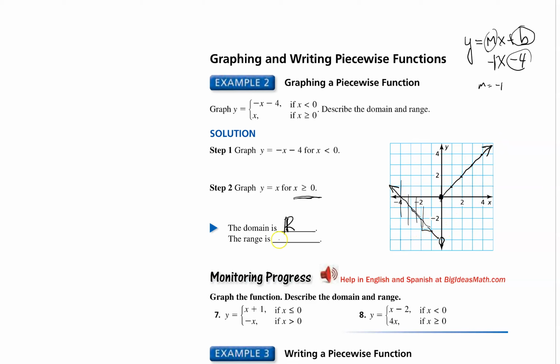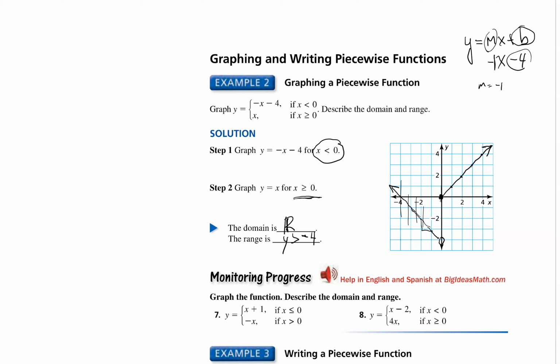And so, in this case, we would write that y is greater than negative 4. And the reason it can't be equal to negative 4 is because it's determined by this value x less than 0. So it can't be exactly equal to negative 4.